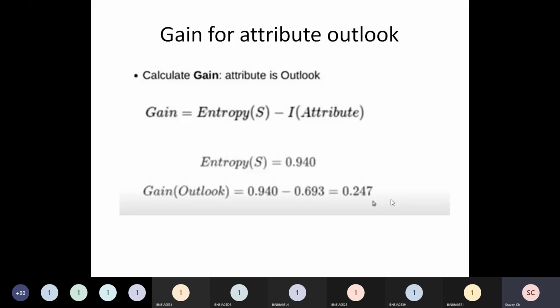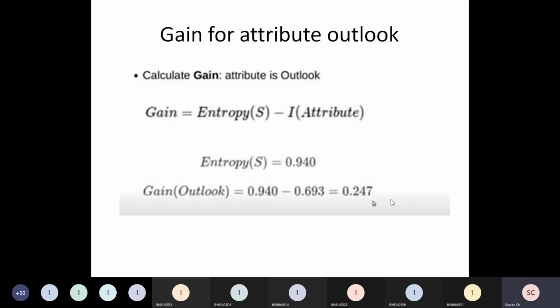What is entropy of S? Entropy of the overall data set, which is 0.940, minus. Now what was the I value I got after doing the summation on the outlook attribute? I got 0.693. 0.940 minus 0.693, I'll get 0.247.